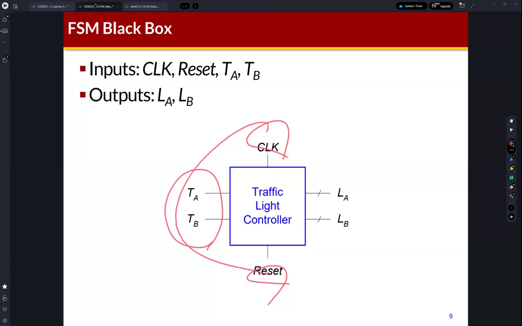So these are inputs, and what are the outputs? LA and LB, the traffic light values, are output signals. So we can define inputs and outputs, and based on the inputs, we can also define the output values.